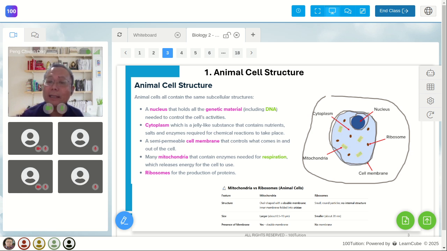Next, let's look at the cytoplasm. It's basically a jelly-like substance, and it contains nutrients, the source, and enzymes that are required for chemical reactions to take place. So you don't see it as a structure. It's just jelly-like.